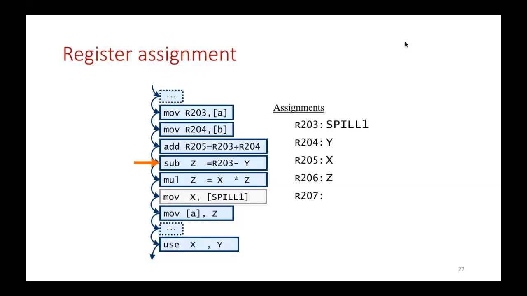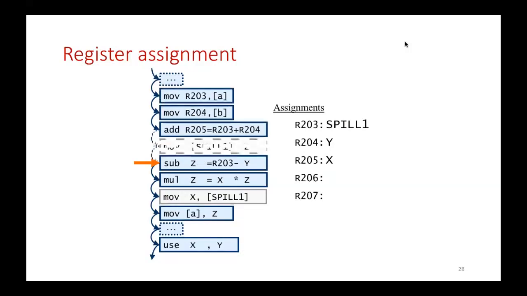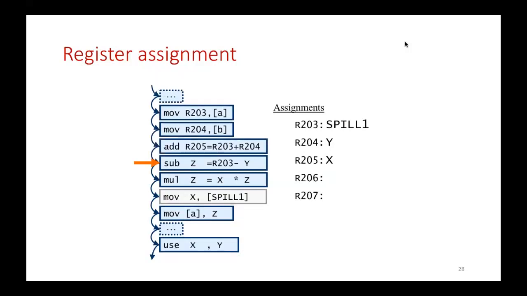So it isn't sitting in a register right now, and we're going to have to find a register for that. The other thing I wanted to point out is that R206 here is the first use of it, so it actually dies after this point. So after we've assigned Z in this case, it's available for assignment.